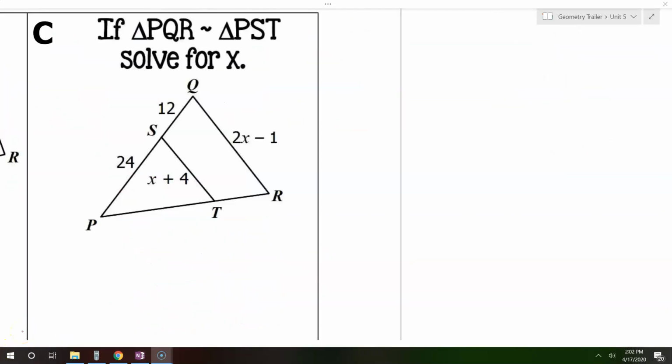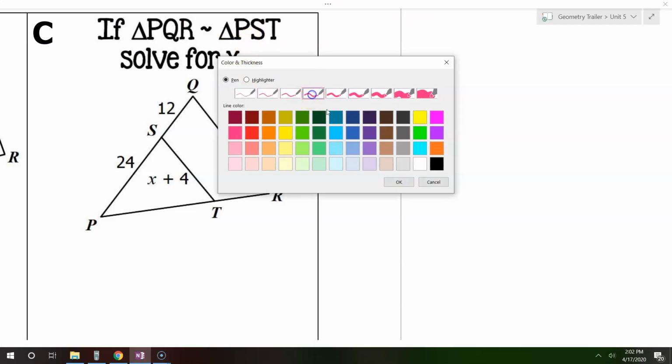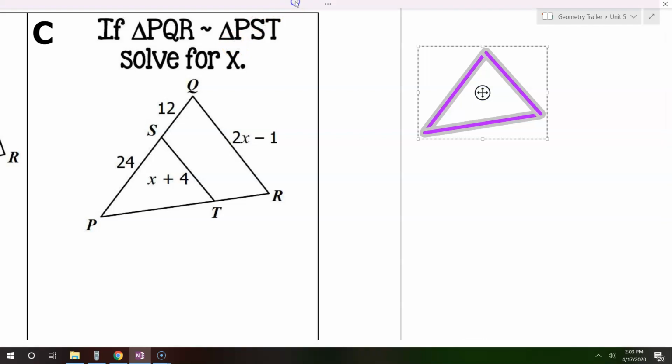When the triangles are overlapping like this, my very strong recommendation to you is to draw the triangles separately. So, for example, I'm tracing the smaller triangle right now. All right, so here's the smaller triangle, and I'm just going to bring that off to the side. And now I'm going to trace the larger triangle.